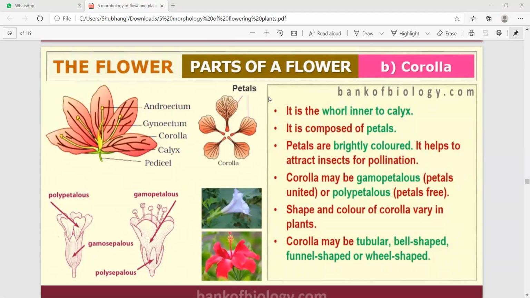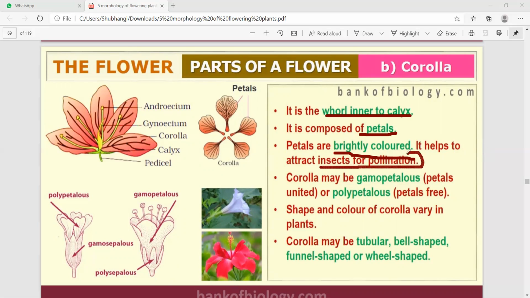Okay. Then we have the flowers based on the corolla. As you can see here, the whorl inner to the calyx is known as the corolla. It is composed of individual members called petals, and it is brightly colored. Can anybody tell me why it is brightly colored? To attract insects for pollination.